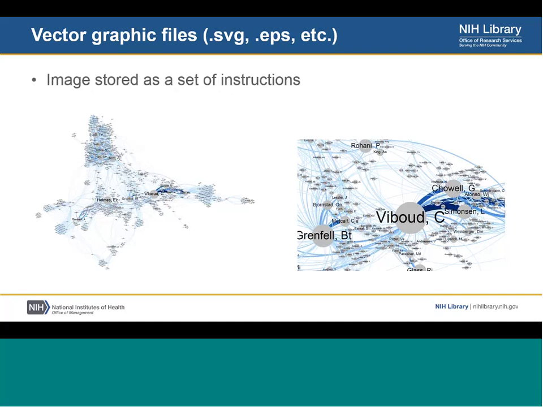I will also note that a lot of journals will prefer these .eps files for submission because, again, the resolution doesn't matter. You can size it however you want, and again, it's a set of instructions, so it will never be a low resolution file, it will never pixelate or anything like that.